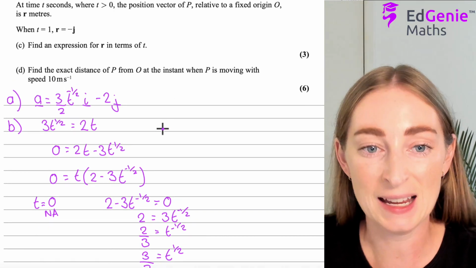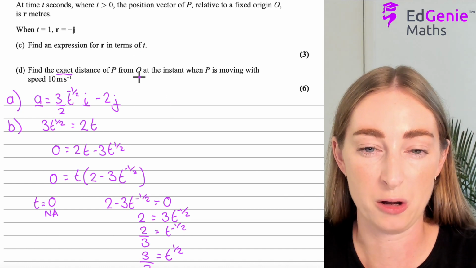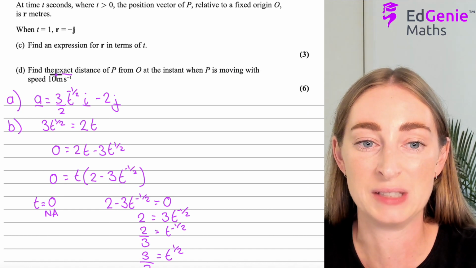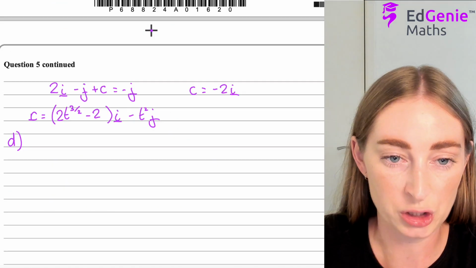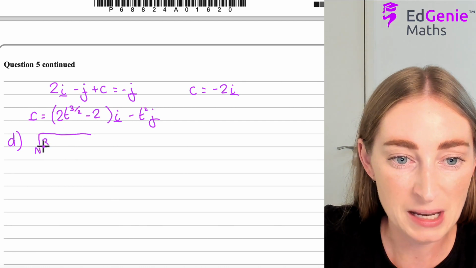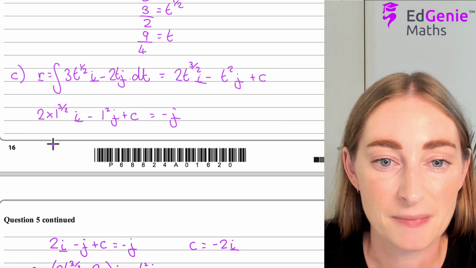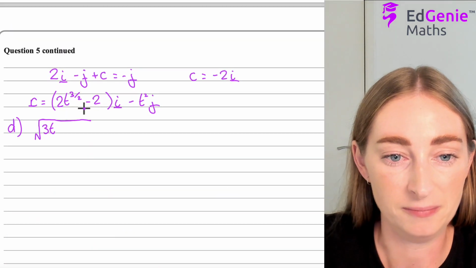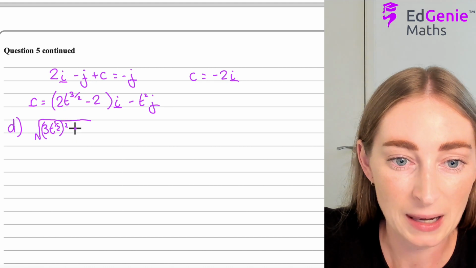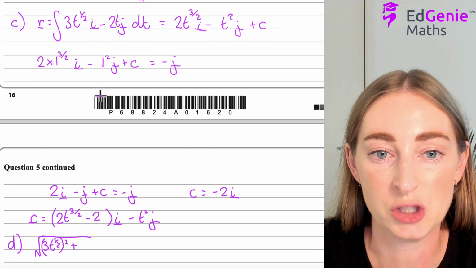Find the exact distance of P from O at the instant when P is moving with speed of 10. So we are going to do the square root of 3t to the power of, what was it? A half, all squared, plus, and then in the j direction, we have got minus 2t.